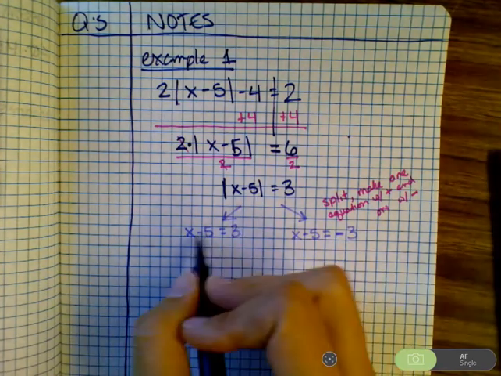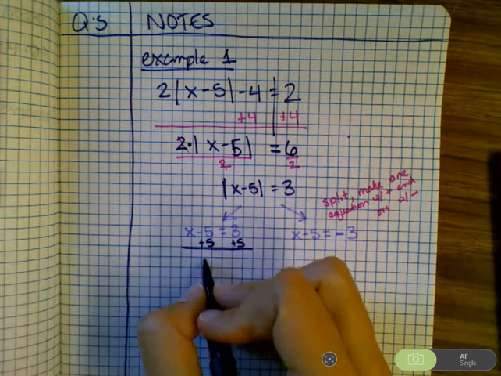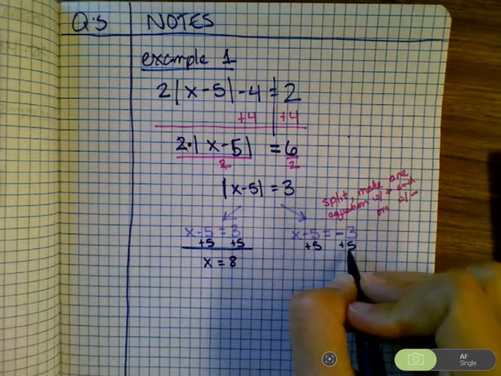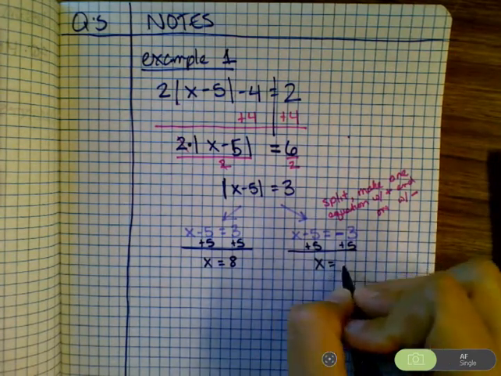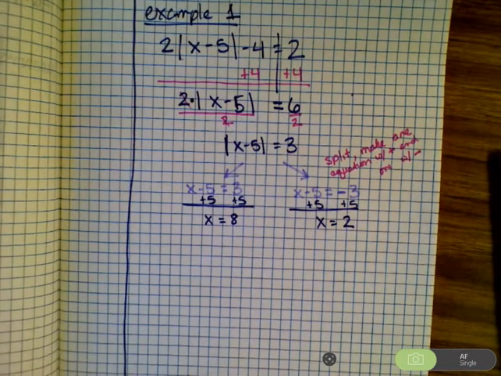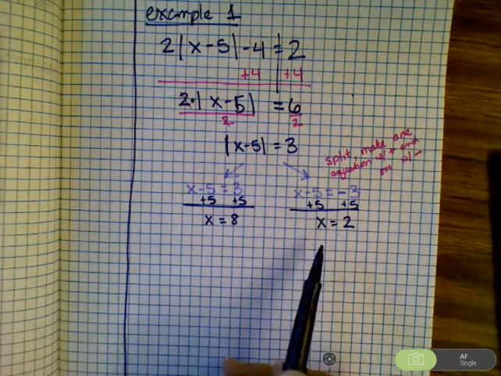We have no absolute value or parentheses anymore, so we add 5. And on this side, we get x equals 8. Over here, we add 5. And on this side, we get x equals 2. So that's why we get 2 answers, is because that absolute value is going to split our problem into 2 parts. So our answer for this one would be 8 and negative 2.